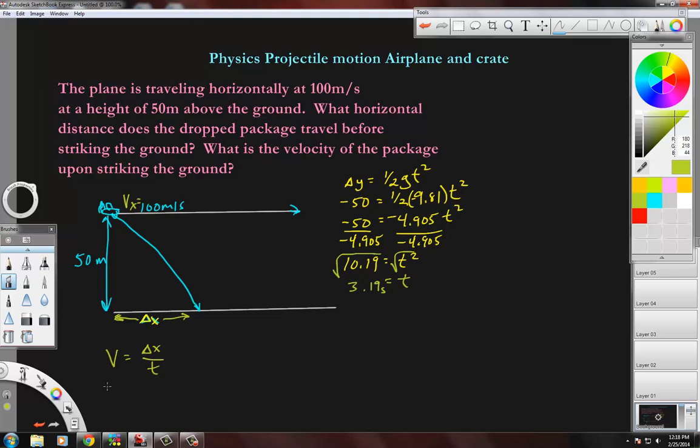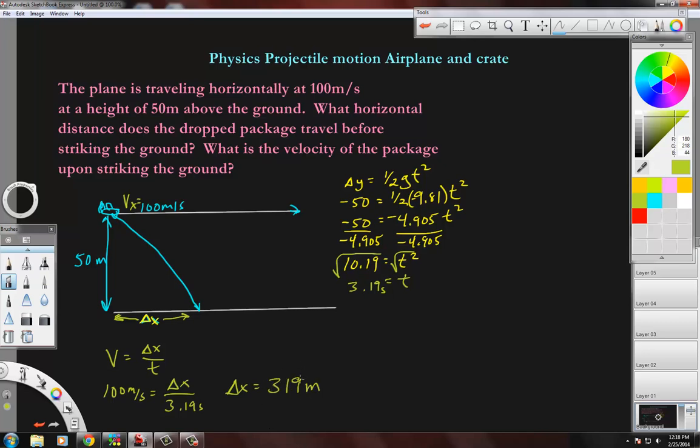So 100 meters per second equals delta x over our time interval, which is 3.19 seconds. And to solve for delta x, you're going to multiply. So it's 3.19 times 100, and delta x would equal 319 meters.